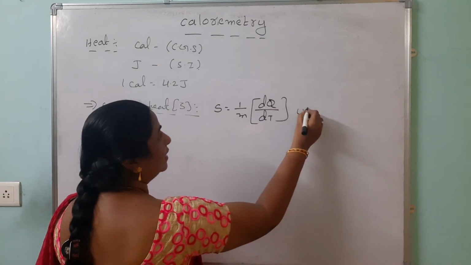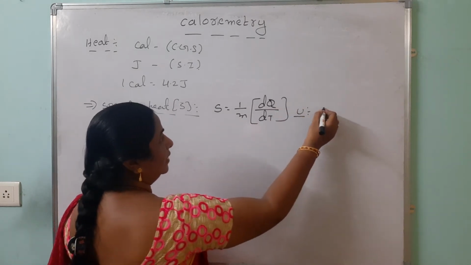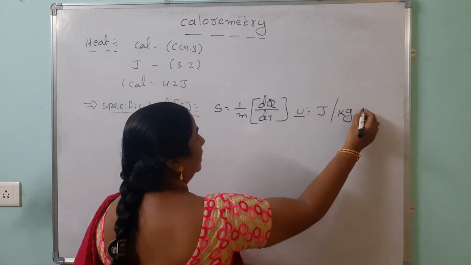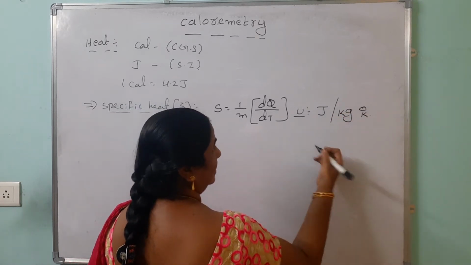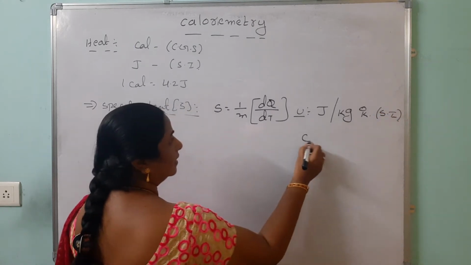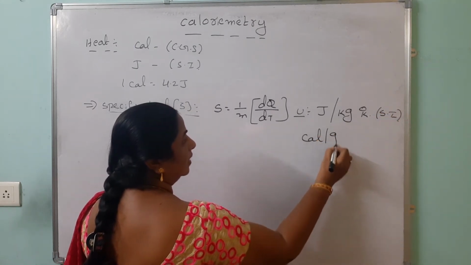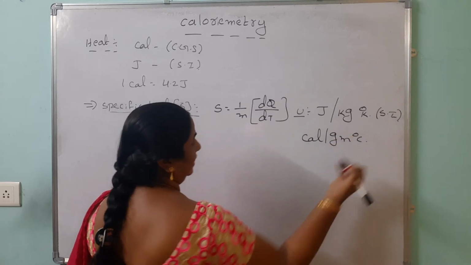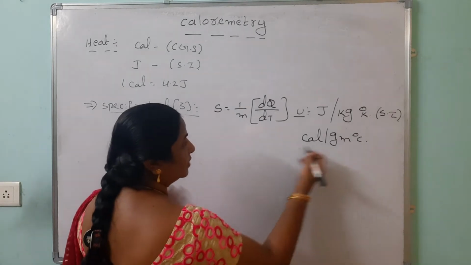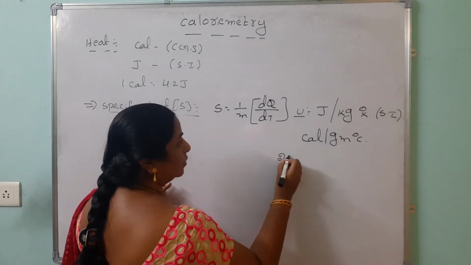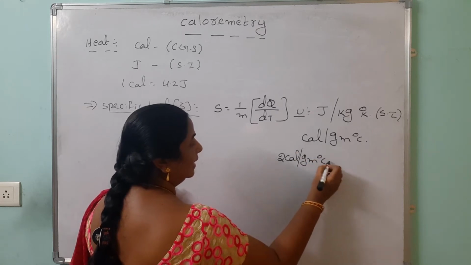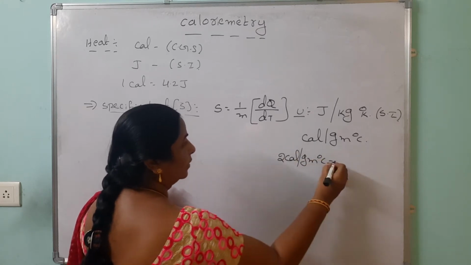And what is the unit for this? It is joule per kg per degree Kelvin in the SI system. And in the CGS system, we take calorie per gram per degree centigrade. But how do we convert? Suppose we want to convert 2 calorie per gram per degree centigrade into the SI system. So 2 is 2 only.